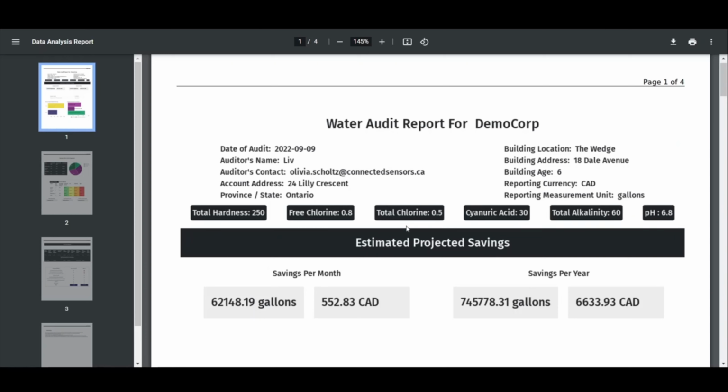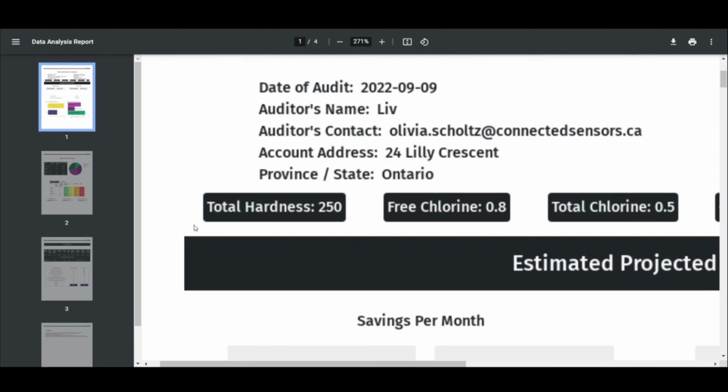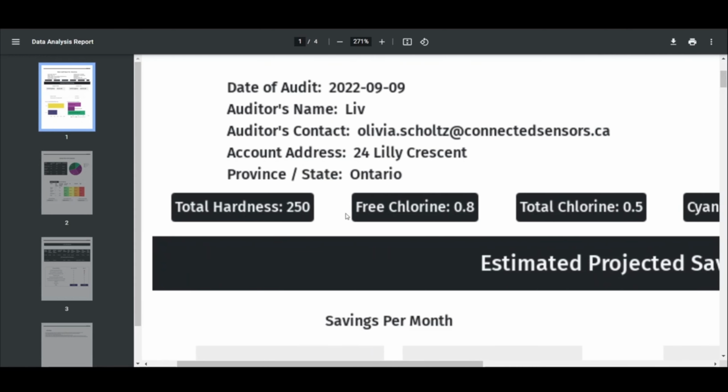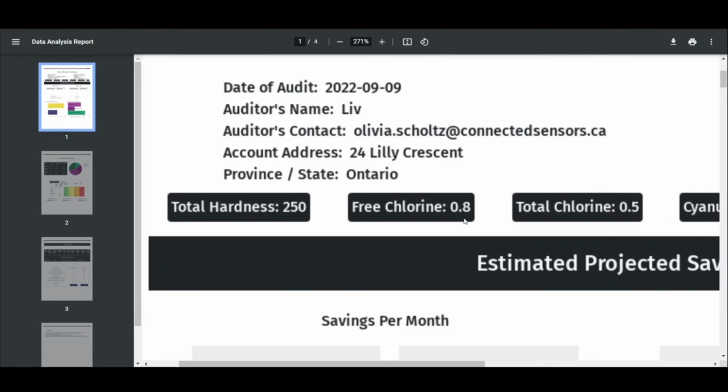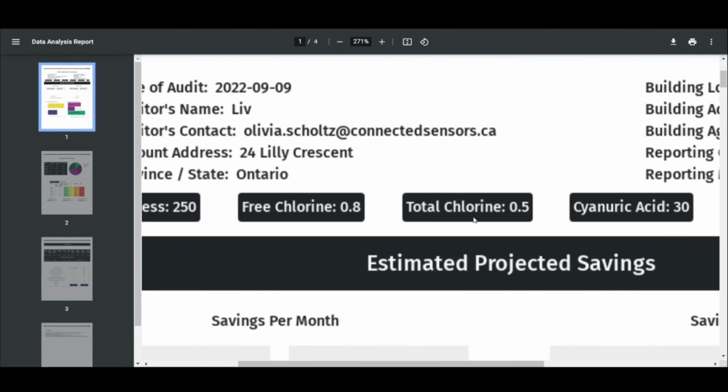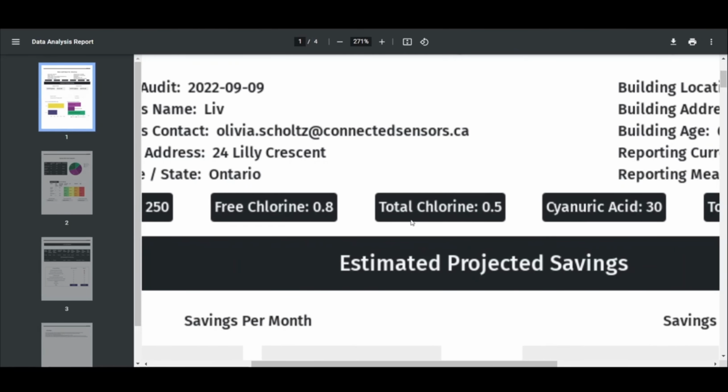Let's go through each water quality benchmark, and I'll guide you through their acceptable ranges. Total water hardness should be between 250 to 500. Free chlorine should be between 1 and 3, but in this instance 0.8 is still in an acceptable range. Total chlorine should be between 1 and 3 as well.